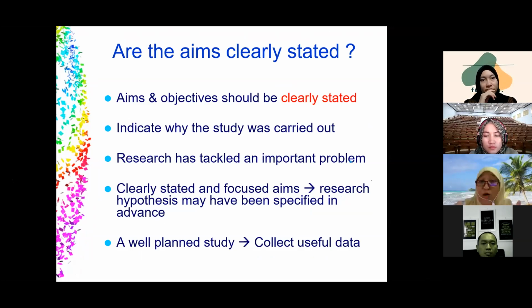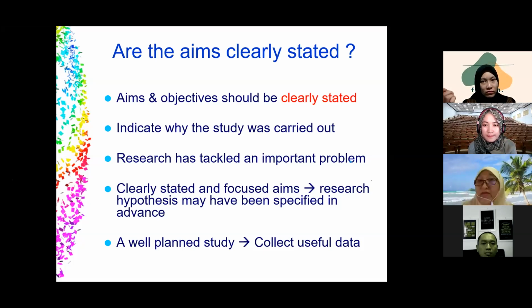Kalau tak ada objektif tu, memang dia tak ada lah hypothesis tu. Why is this important? When the aims are clearly stated, it indicates that this is a well-planned study. A well-planned study with objective, and they will collect useful data. Only when you have organized objective, you will collect useful data to answer the objective.